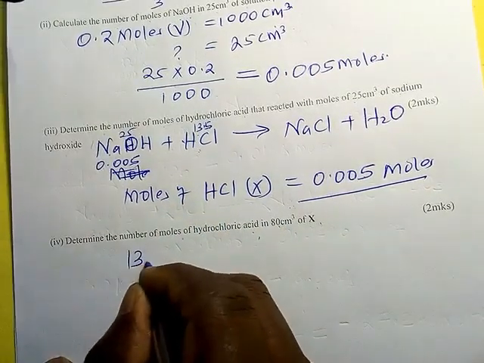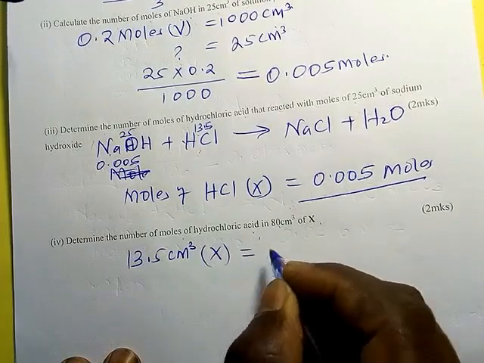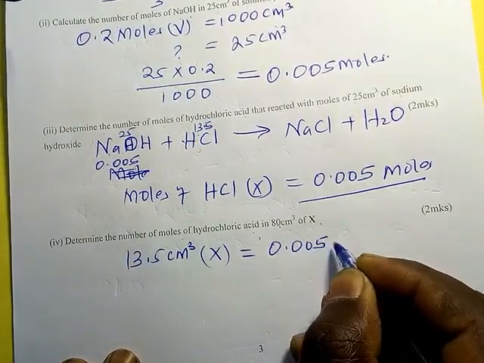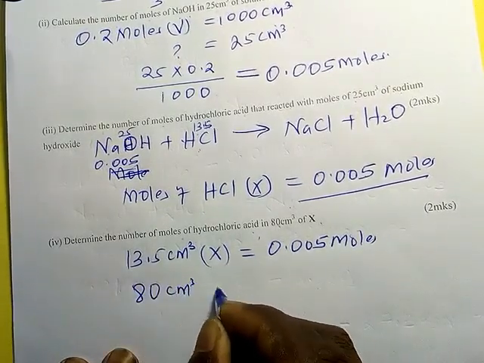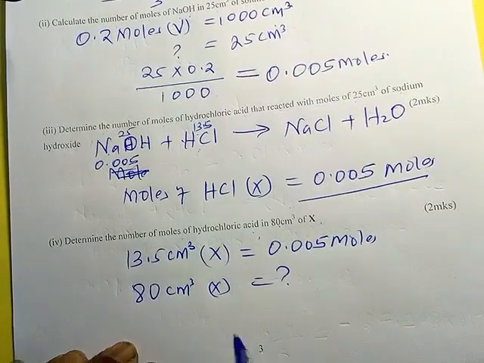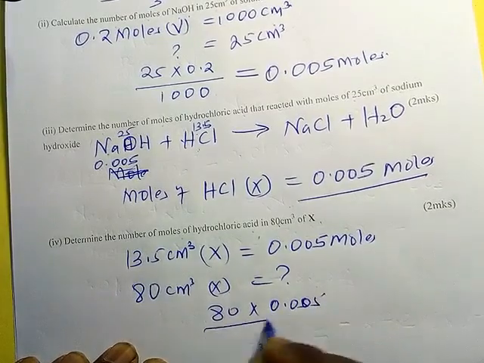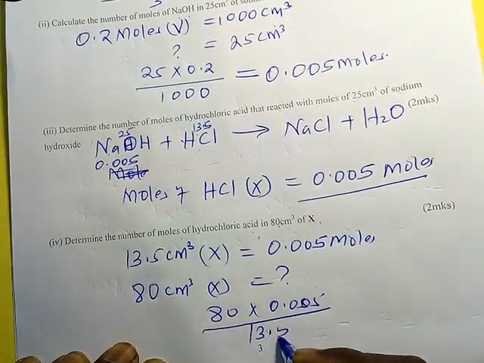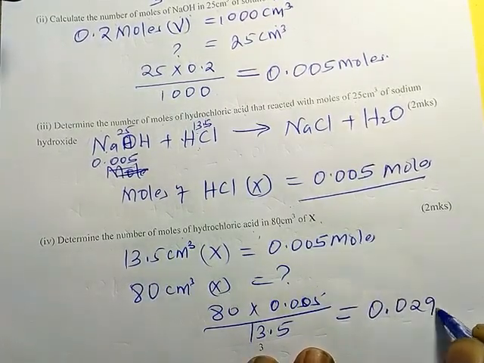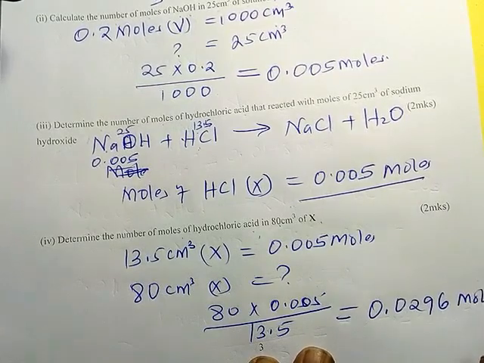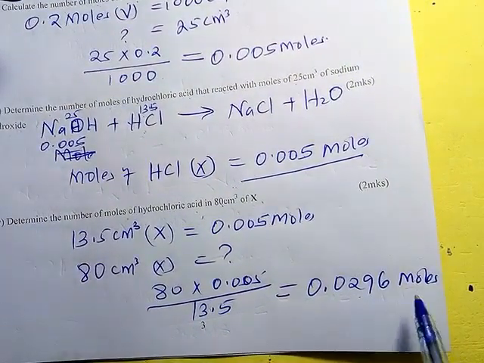So 13.5 centimeters cube solution X contains 0.005 moles. 80 centimeters cube solution X will contain what? 80 times 0.005 divided by 13.5. It will give us 0.0296 moles.